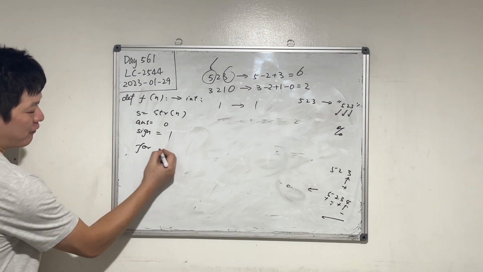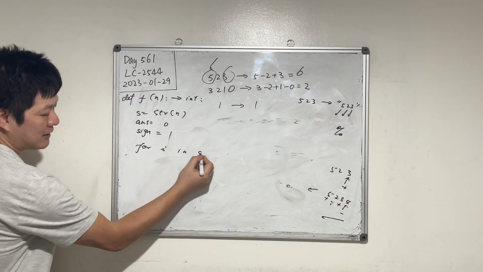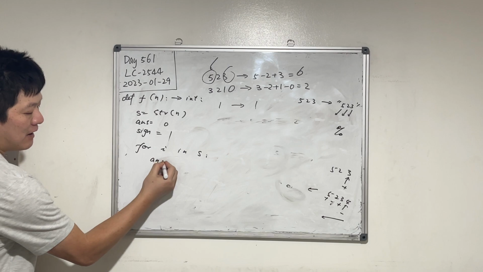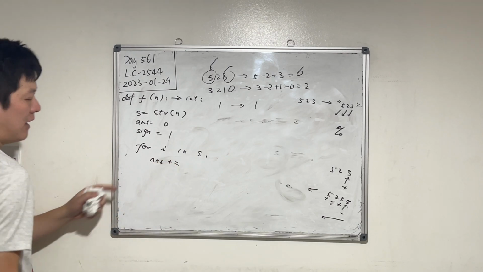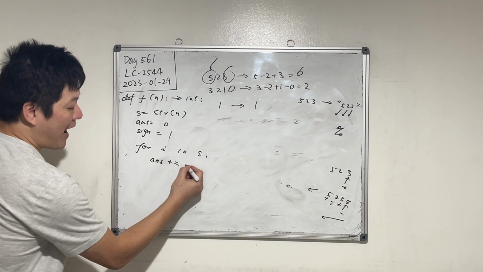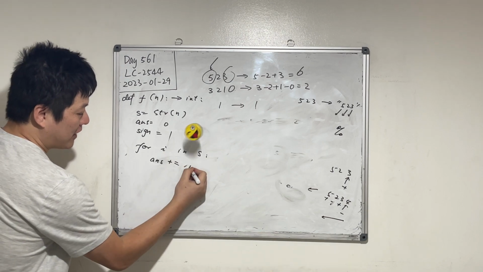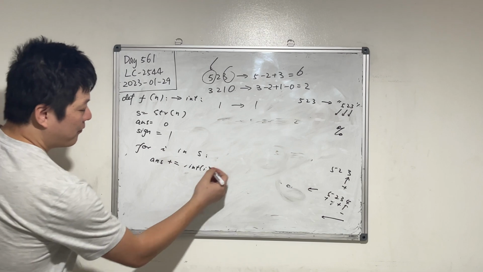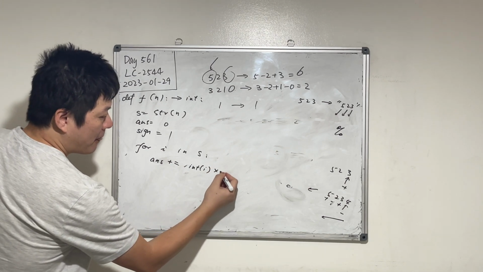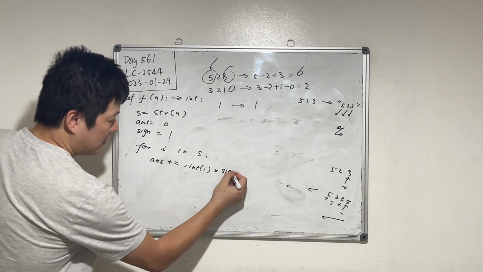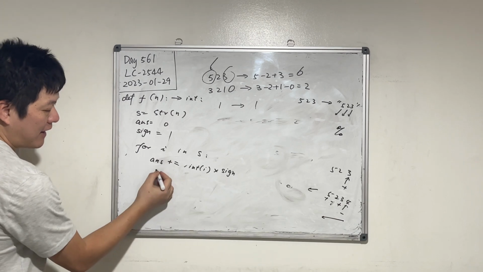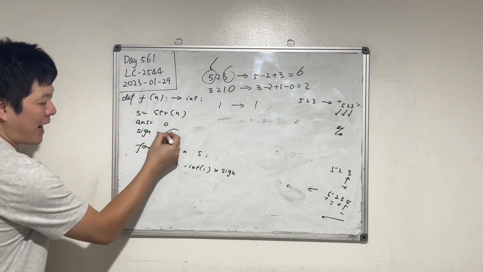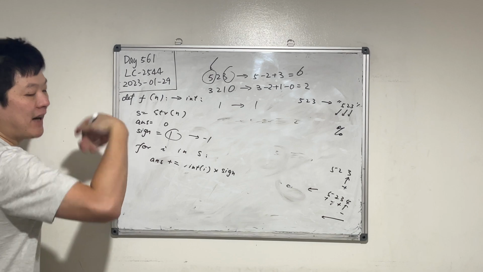For i in s: answer plus equals int(i), converting the string to an integer, times sign. And then I need to change plus 1 to minus 1. How do I negate the sign?